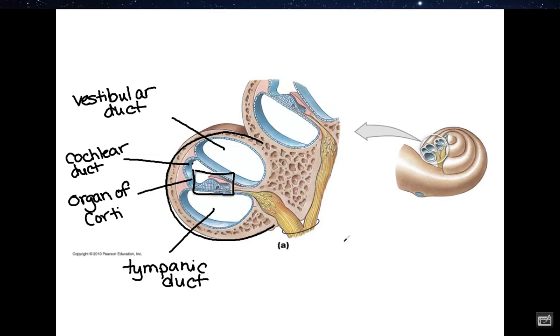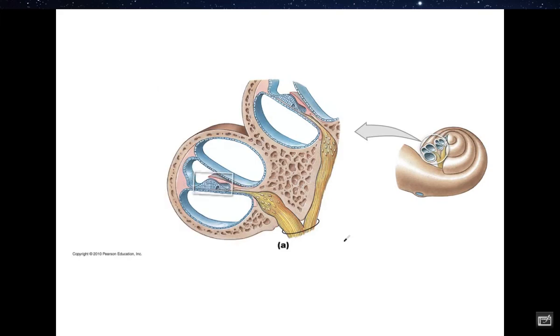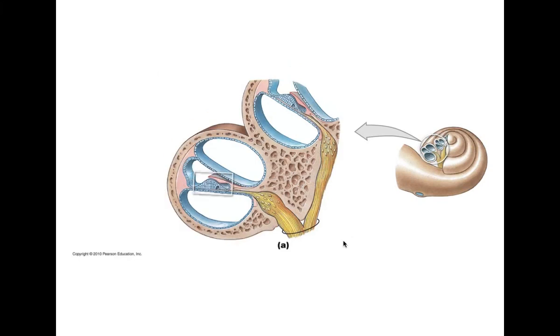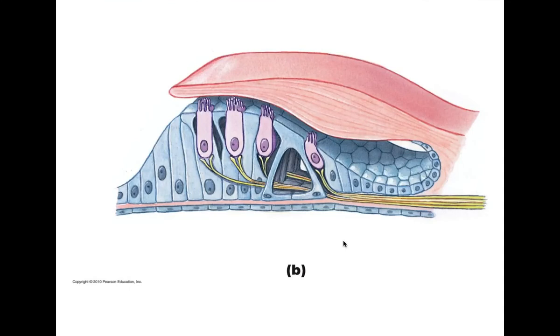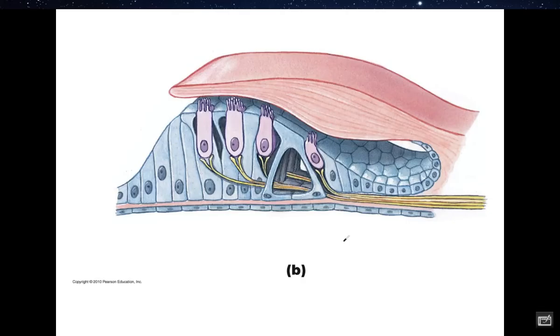So now what we want to do is actually take a look at the organ of Corti and see how it is set up. So this is a zoomed in view of the organ of Corti. Right here is the basilar membrane, and that is what it sits on. So underneath the basilar membrane would be the fluid within the tympanic duct.